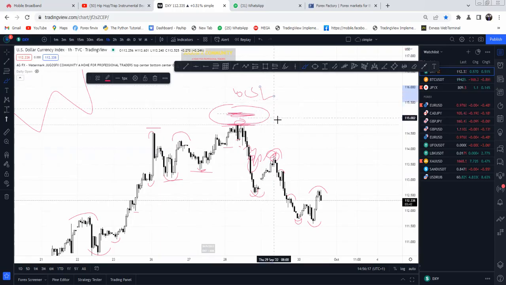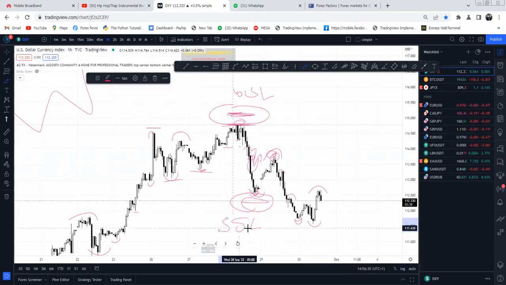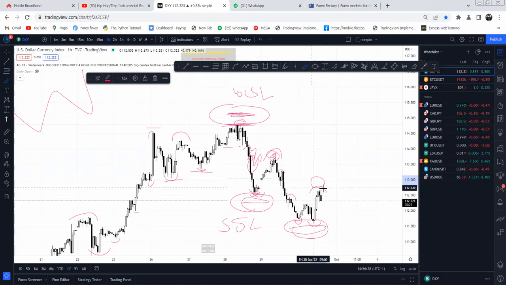That's BSL. And then below here, everything sitting below this swing low is called sell side liquidity, which is SSL. Sell side liquidity is sitting below swing lows on the downside. So down here is called sell side liquidity. Above this is called buy side liquidity. Here is buy side liquidity, buy side liquidity, buy side liquidity.